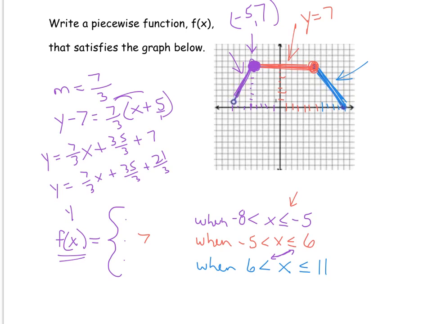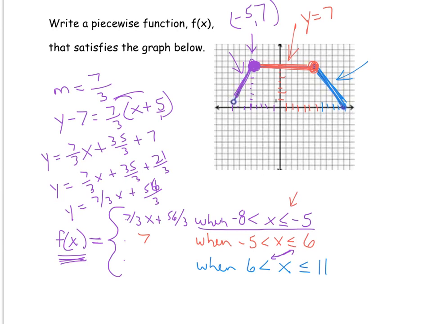Okay, so I would end up with 7/3 x plus 56 thirds. Doesn't reduce, so I have f of x equals 7 thirds x plus 56 thirds when x is in between -8 and -5.